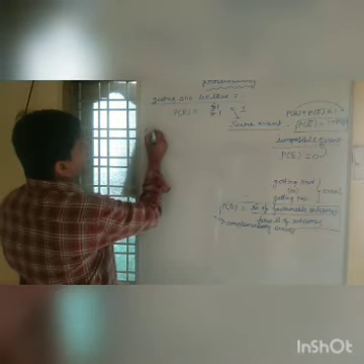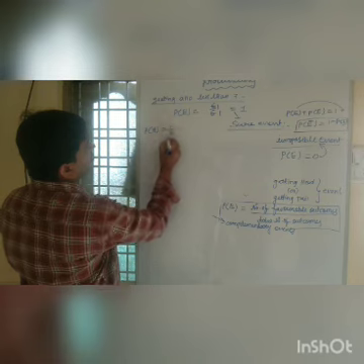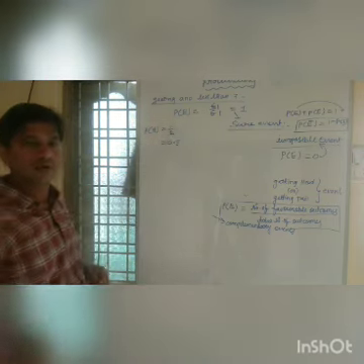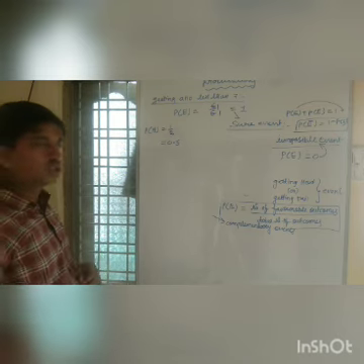When we toss a single coin, getting a head is 1 by 2. 1 by 2 in the sense 0.5.